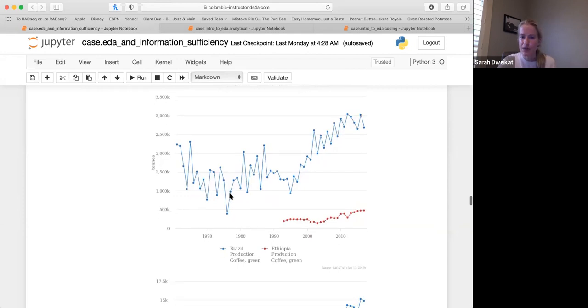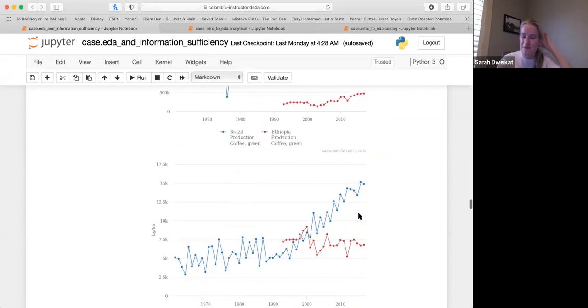So then in terms of coffee production, we can see that Brazil for this time period is super variable. They are very up and down in terms of the amount of coffee that they were producing. Versus Ethiopia, again, is slightly increasing, but pretty stagnant, and they're not super variable here.